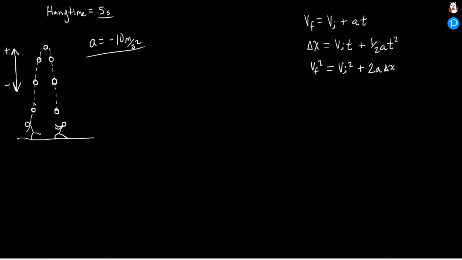And remember, we learned that if an object is accelerating opposite the direction of its motion, it has to slow down, right? But then on the back end of this trip, the ball begins to speed up because now it is moving in the same direction that it is accelerating. And anytime the direction of motion and the acceleration are in the same direction, the object is going to speed up. So the acceleration is negative the entire time, which is why it slows down to a stop for a brief second and then speeds up.